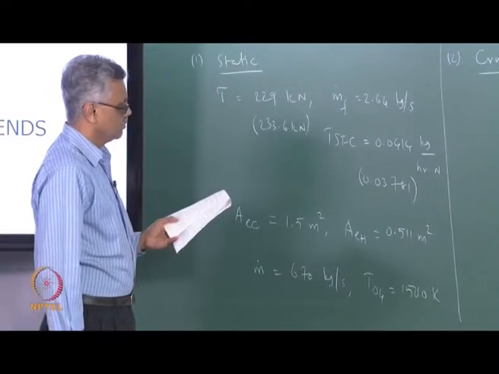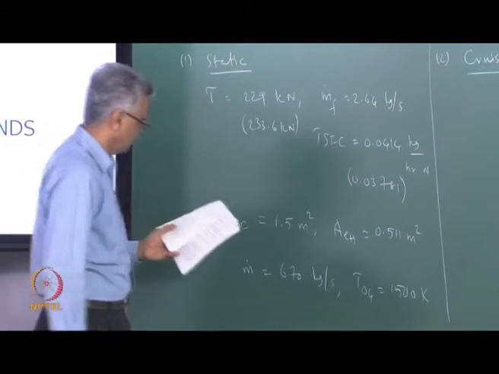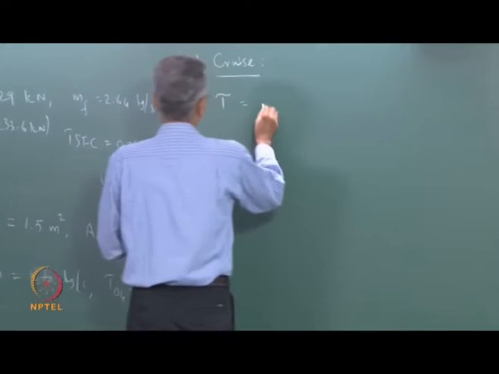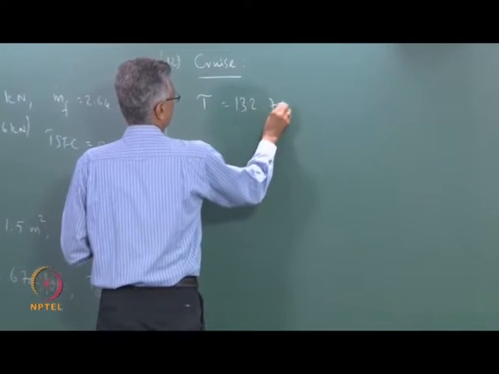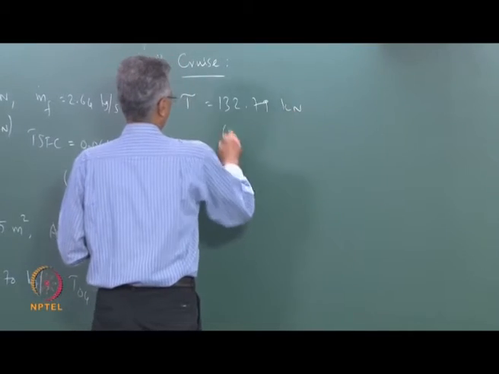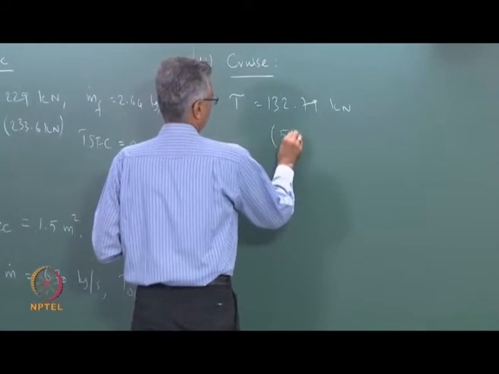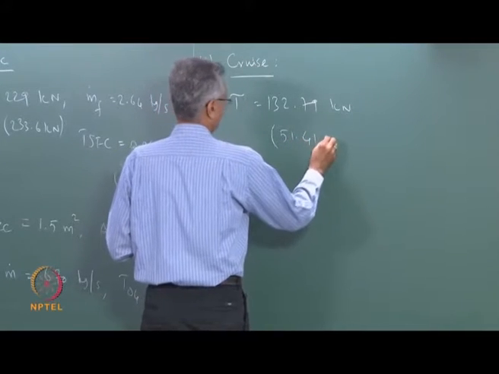Now for cruise, we assumed the same mass flow rate, and we calculated the total thrust to be 132.79 kilonewton, which compares very poorly with the manufacturer quoted value of 51.41 kilonewton.